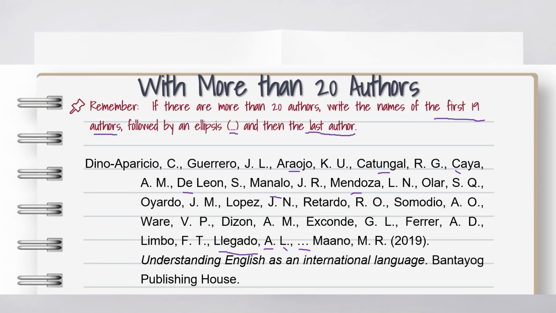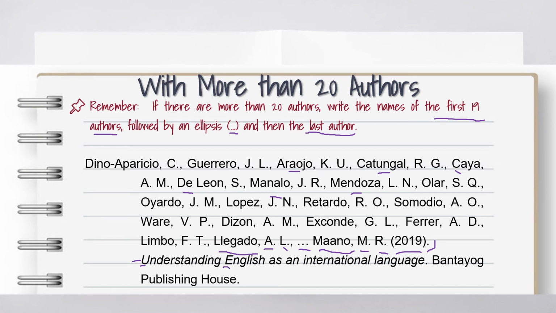And then followed by the last name of the author, which is Maano, comma, M.R., with periods for the initials. And then again, followed by the publication year inside the parentheses with a period, and then the title of the book, which is italicized, and just capitalize the first word as well as the proper name.